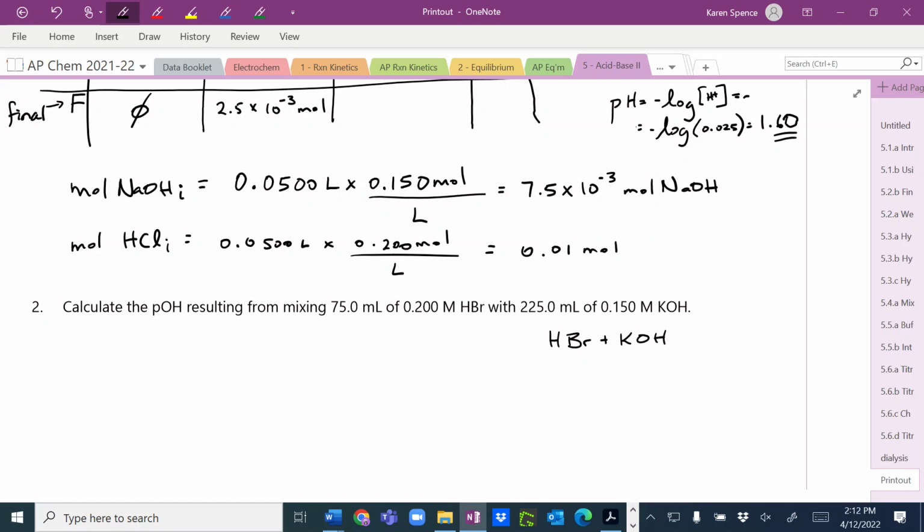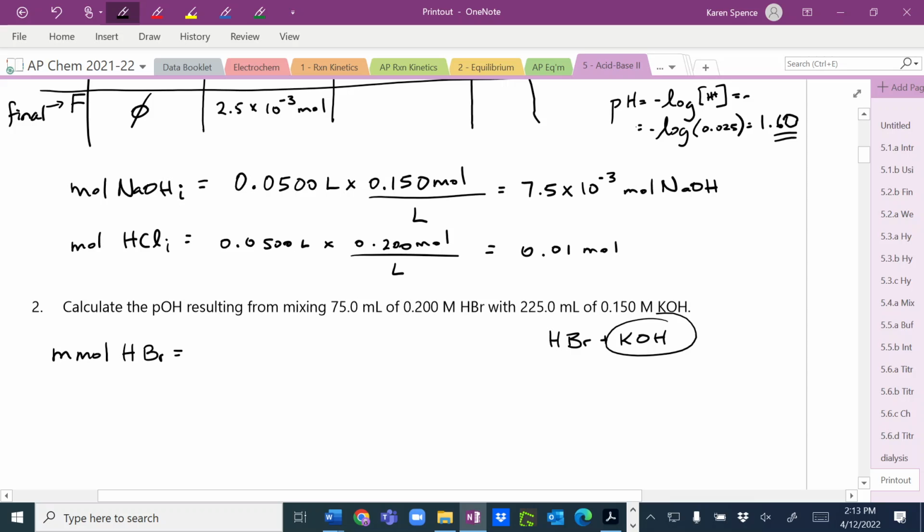Probably KOH, yes, because although the molarity of the HBr is larger, it's not larger by that much compared with how much the volume is larger on the other one. So probably the KOH is going to be in excess. So if you're not ending up with a pH above 7 for your final answer, you know you've done something wrong. Yes? So let's find our millimoles of HBr.